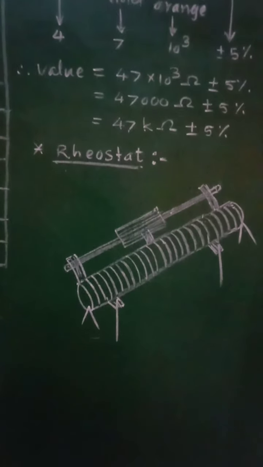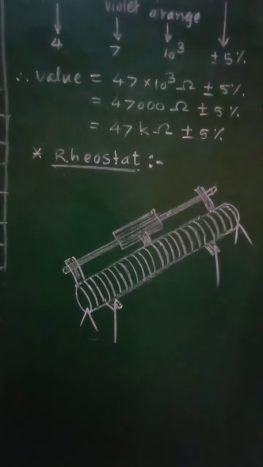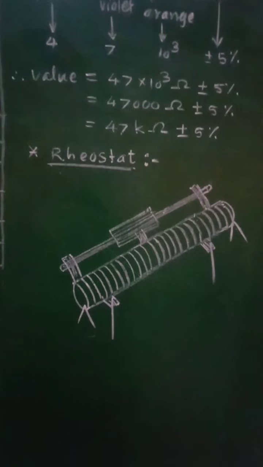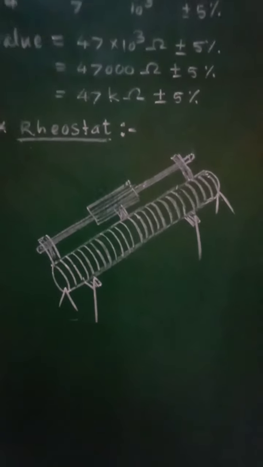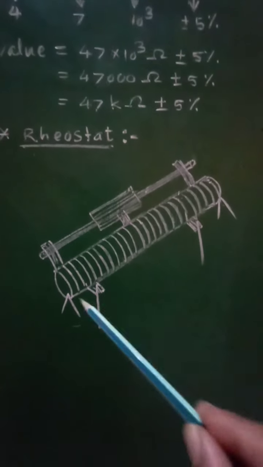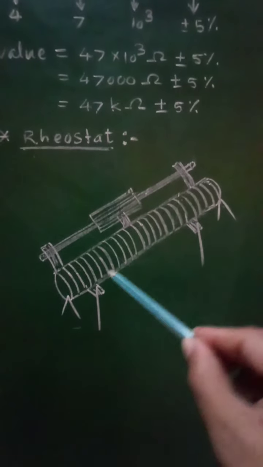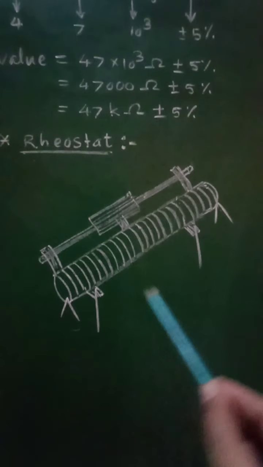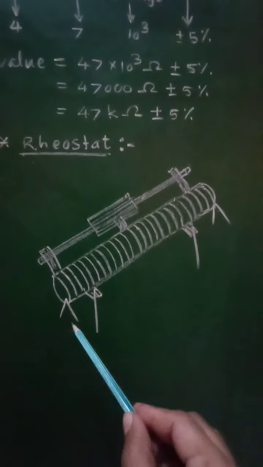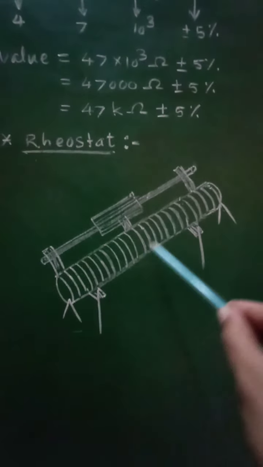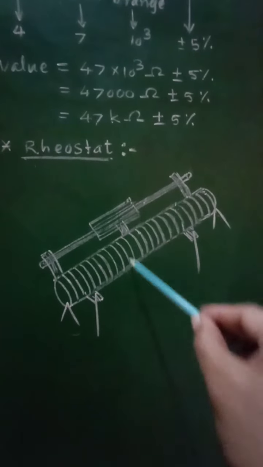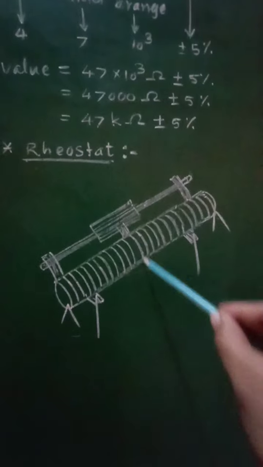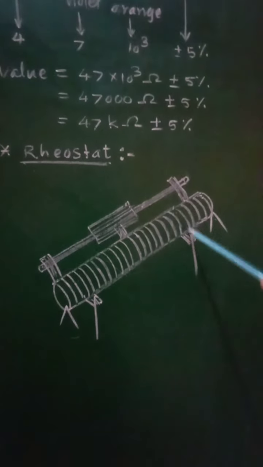And in some of the experiments, these rheostats are used for volume control. So sound will be controlled with the help of this rheostat. So this will be the body of this rheostat. Then there will be a stand for the support of this rheostat. Then this cylindrical body will be wound with a large number of very thin conducting metallic wires.